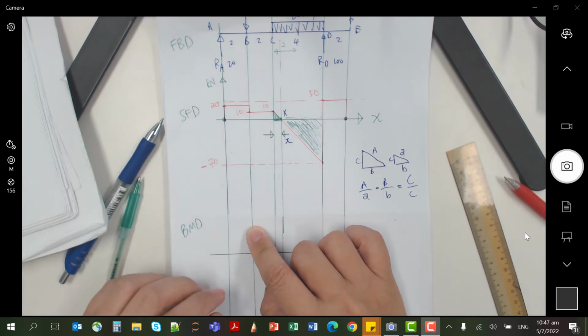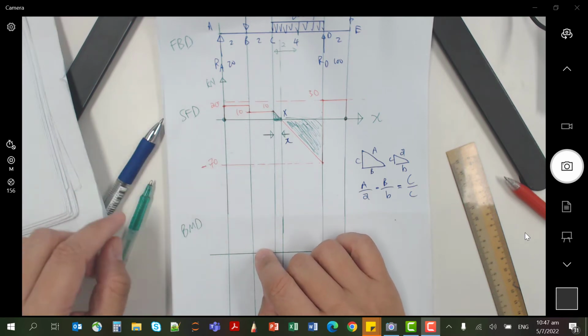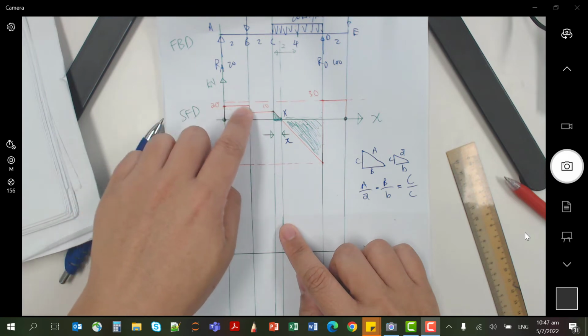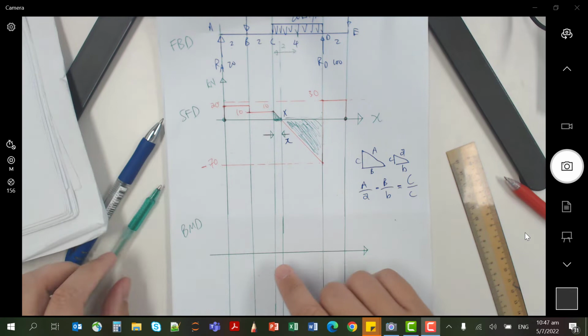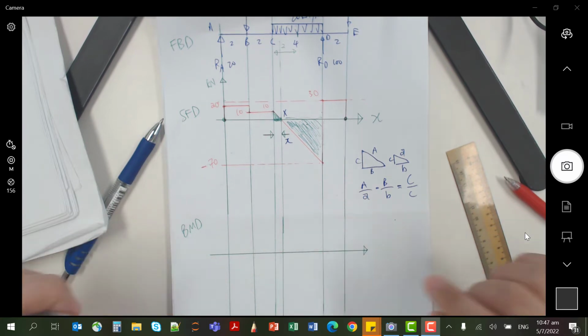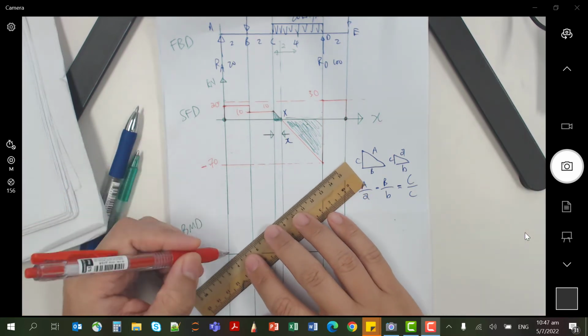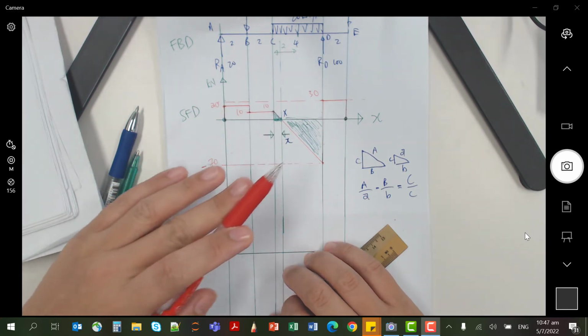Take for example, from A to B, the shear force is a constant value of 20. This means that the bending moment between A and B will have a constant gradient of 20. So it will have a positive 20 gradient, so it is a line going straight up.